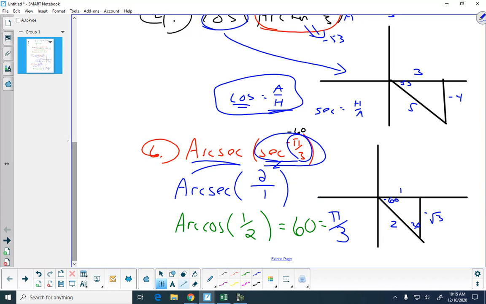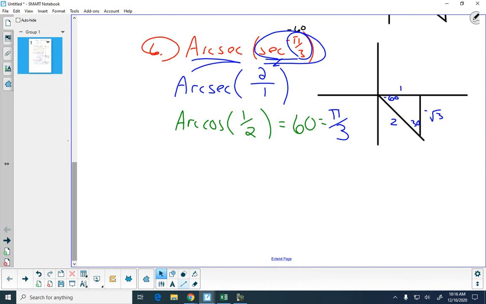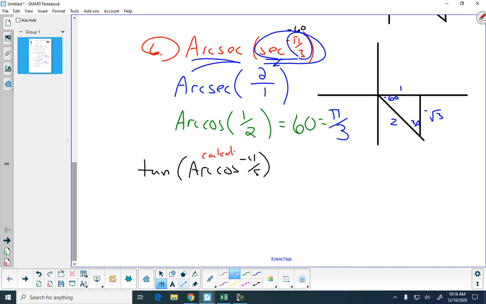Number 3. We have the tangent of the arc cosine of negative 4 over 5. Okay, use your calculator to find this angle.